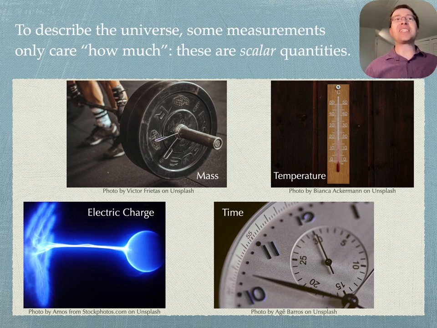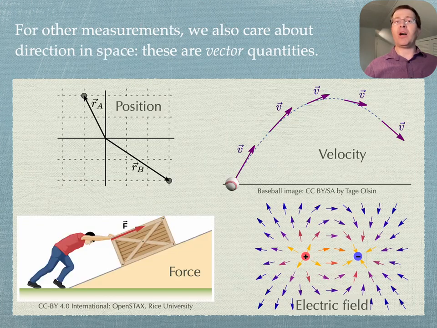Those are called scalar quantities if they only care about the amount. On the other hand, there are things called vector quantities, where we care about not just an amount, but also a direction in space. So for example, if we have some origin in space, like the intersection of First and Main downtown, you can talk about where something is located by saying, yeah, that's two miles northeast of here, or it's one block east and three blocks south.